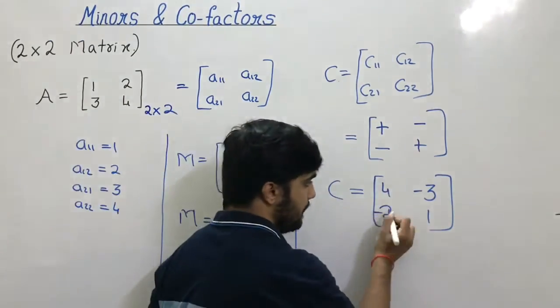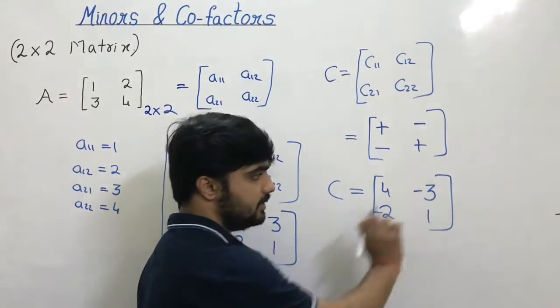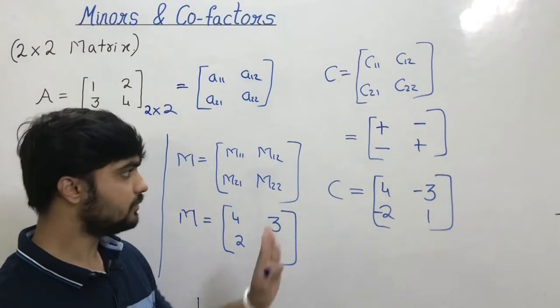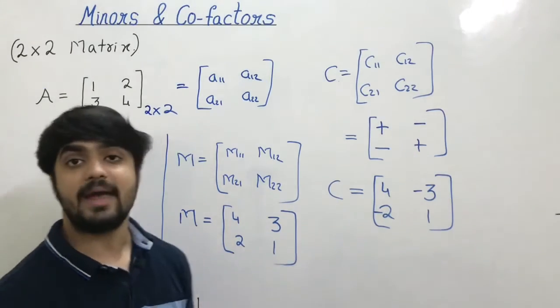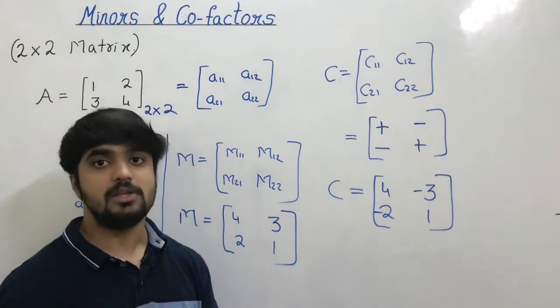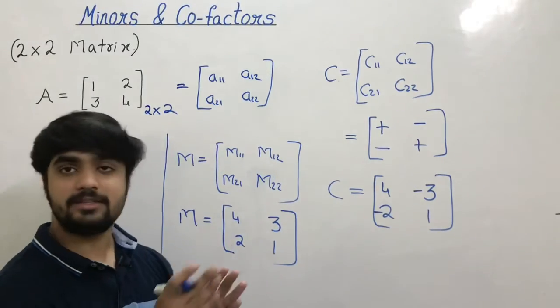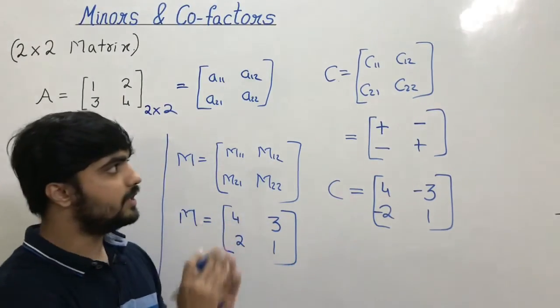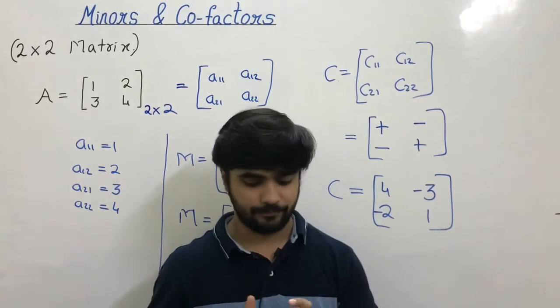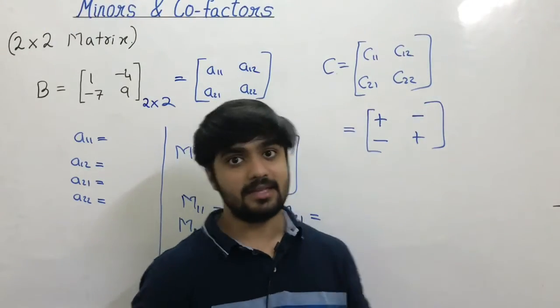Similarly this is minus and this is plus, that is as it is. So directly you can get the matrix of cofactors. There is another formula to remember minors and cofactors, but this is a very short and simple trick which will be remembered directly. Okay, so our next matrix is as follows.